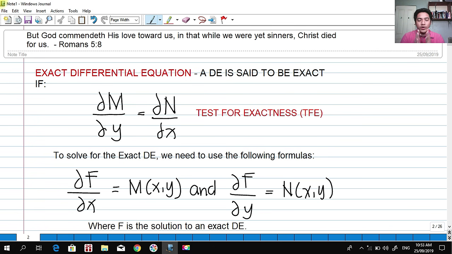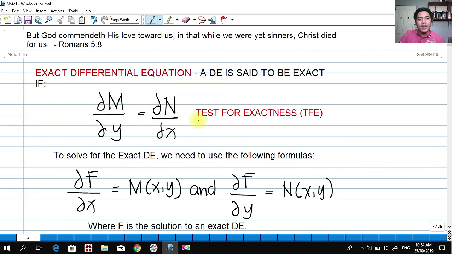So we're going to talk about exact differential equations today. And what is an exact differential equation? A DE is said to be exact if and only if we have this condition: the partial derivative of M with respect to y is equal to the partial derivative of N with respect to x.